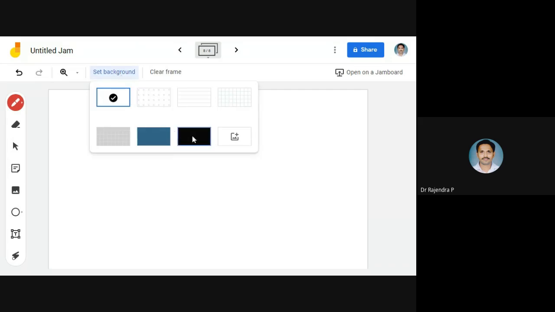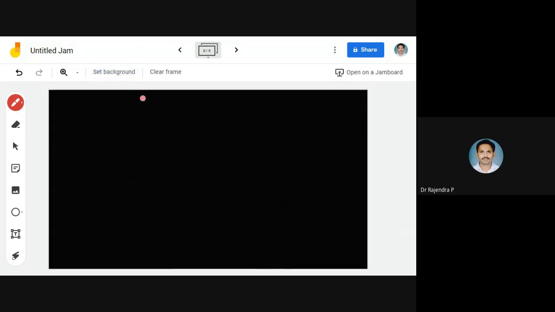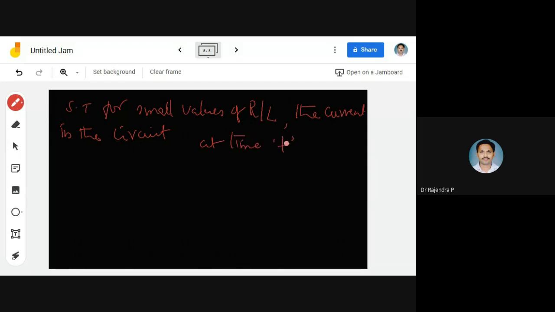What we have to show in this problem: show that for small values of R by L, the current in the circuit at any time t is given by Et by 2L sin pt.